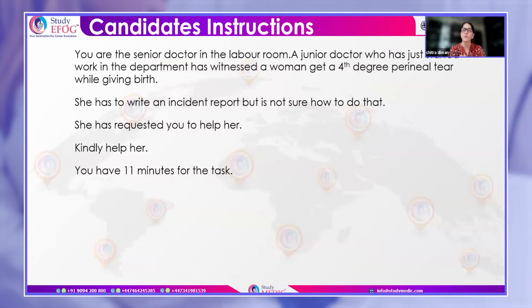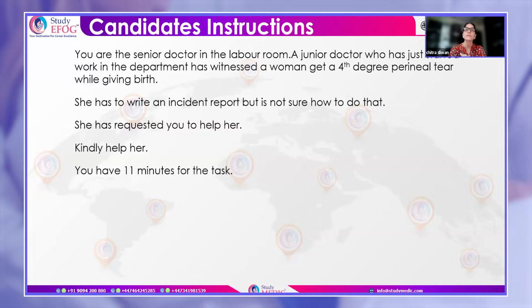So remember, in this exam, scenarios are not very long. You have 1 minute to read the candidate instructions, and then you have 11 minutes to do the task. Okay, so this scenario is about you being the senior doctor in the labor room, and one of the junior doctors had witnessed a vaginal birth taking place.